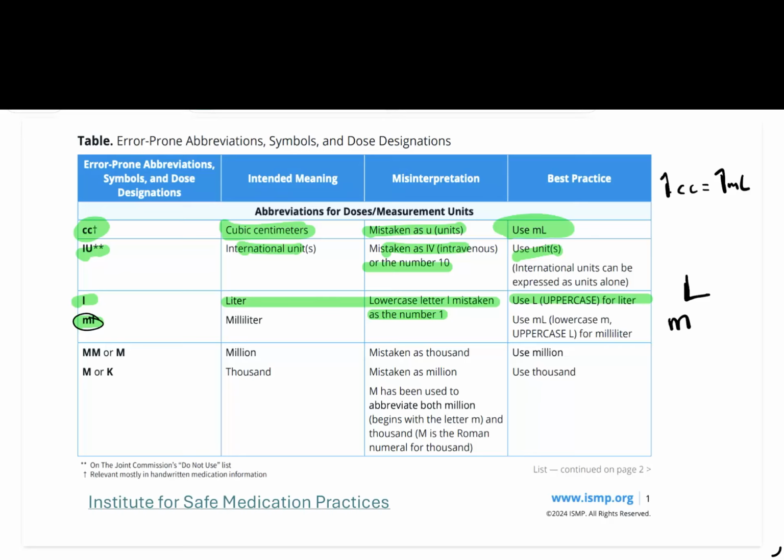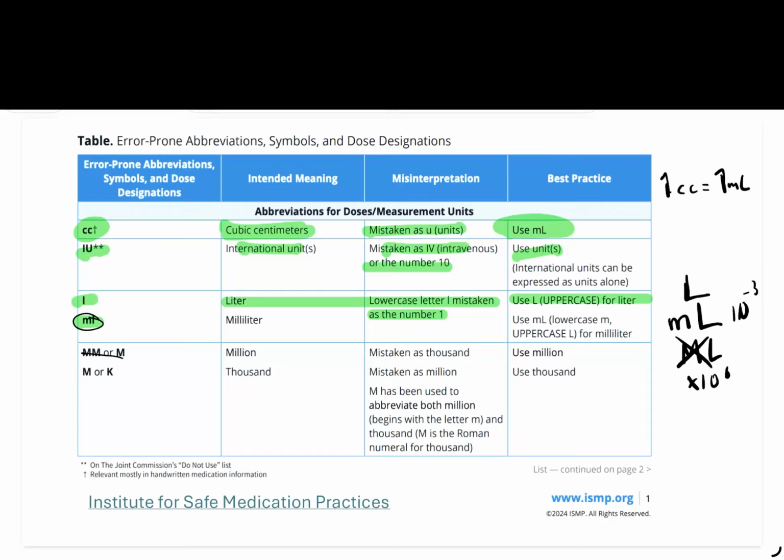You always want to write little m, big L. And the reason you don't write big M, big L is big M is mega, which is times 10 to the 6. And little m is times 10 to the minus 3. And that is a billion times different. So don't ever write big M when you mean little m.